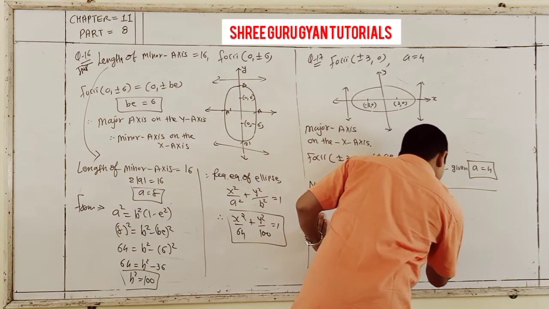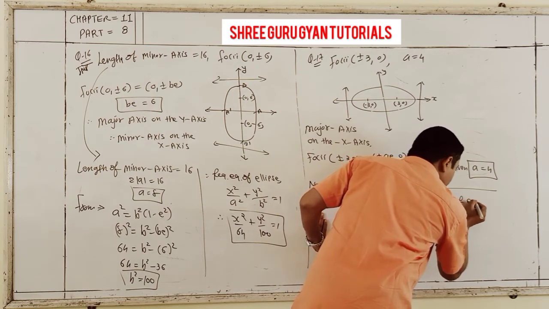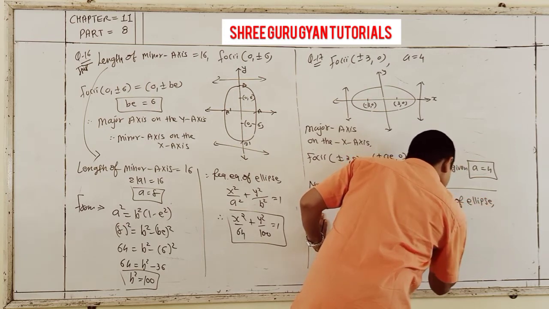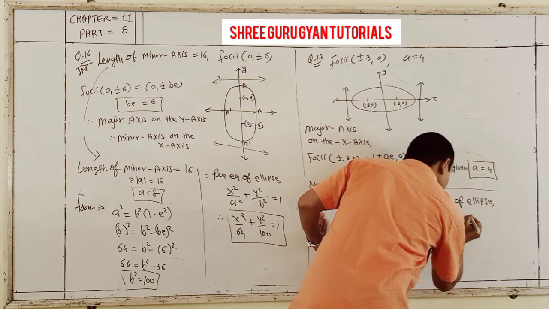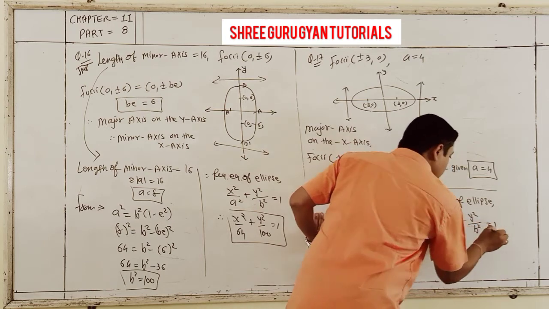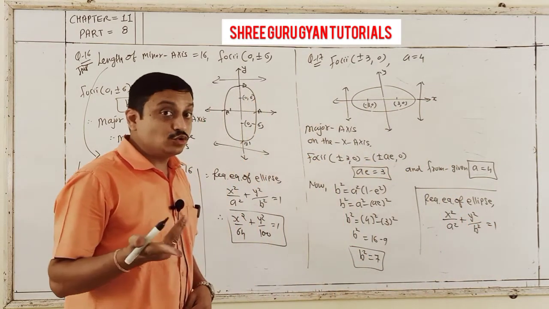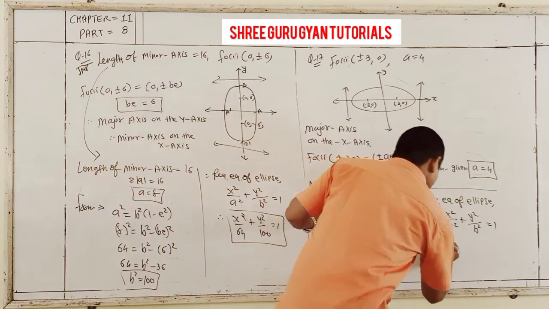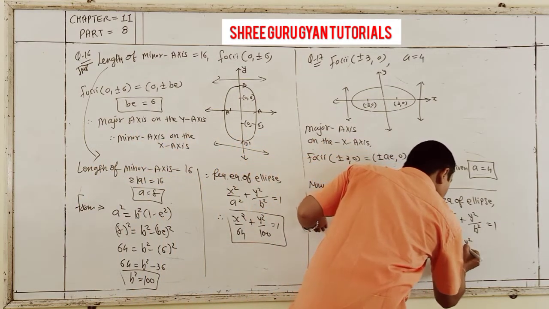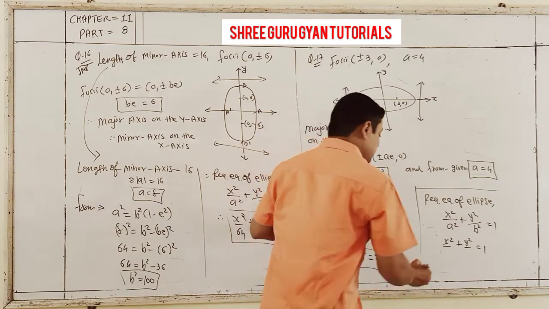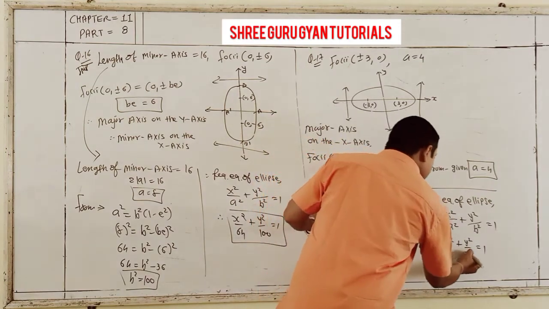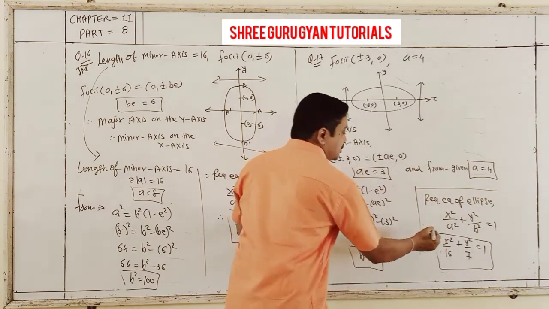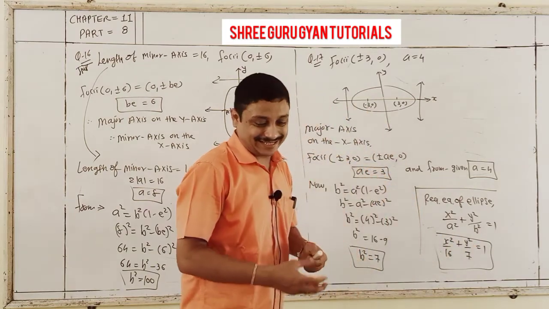The required equation of the ellipse is x square by a square plus y square by b square is equal to 1. Put down the values. Yes, a square and b square you both know. a is 4, so 16. b square is 7. That much is your answer.